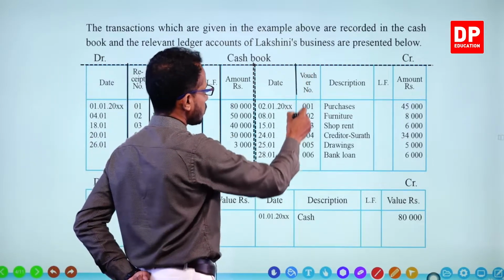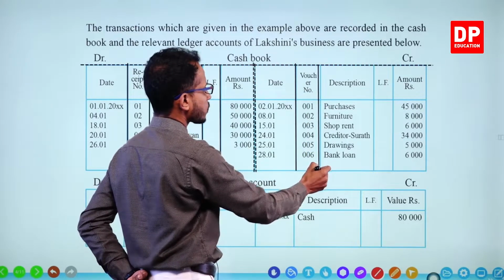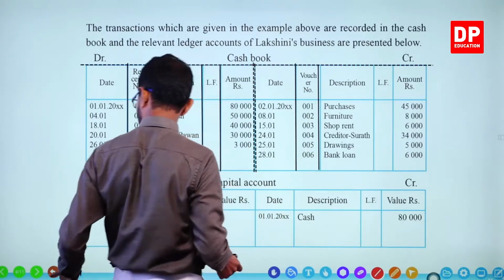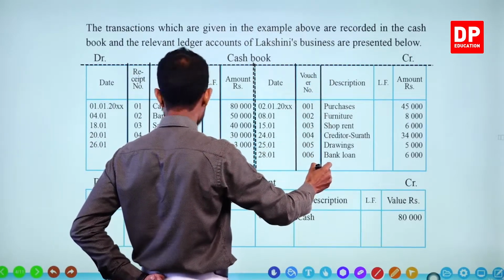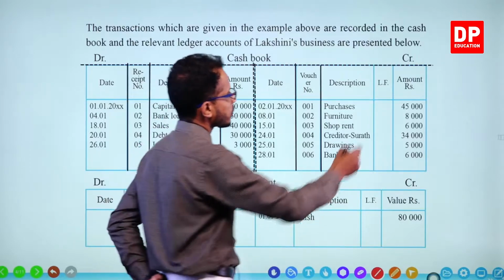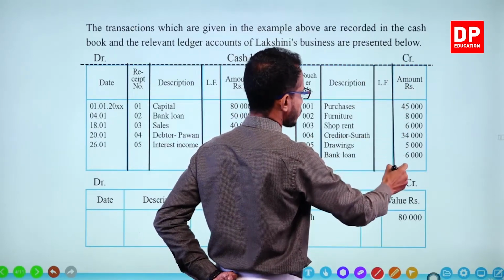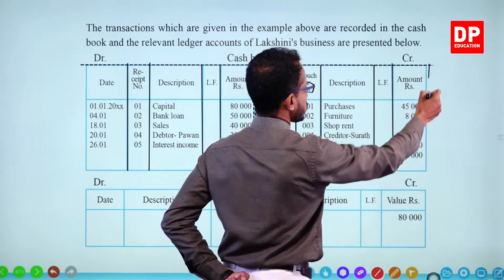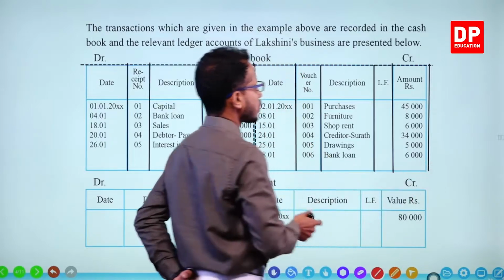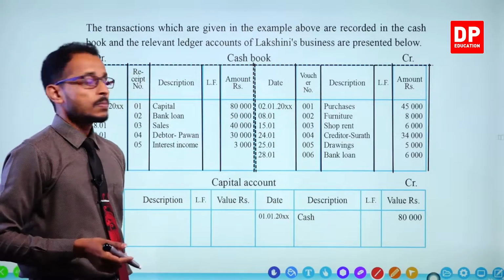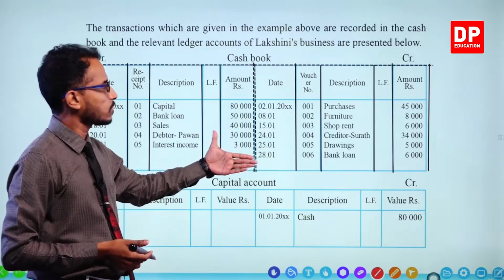Credit side: date, with an additional column for voucher number, description, ledger folio, amount. There you go. This is the format of a cash book.